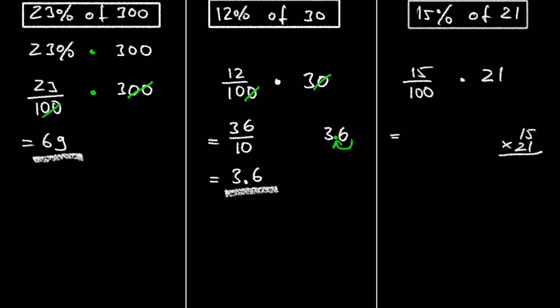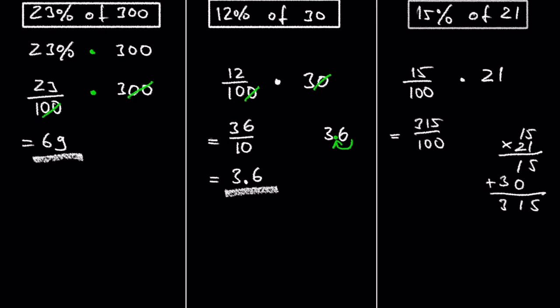1 times 5 is 5, and 1 times 1 is 1. 2 times 5 is 10. Write the 0, carry the 1, and 2 times 1 is 2, plus the carried 1 is 3. 5, 1, 3, 315. So we get 315 over 100.